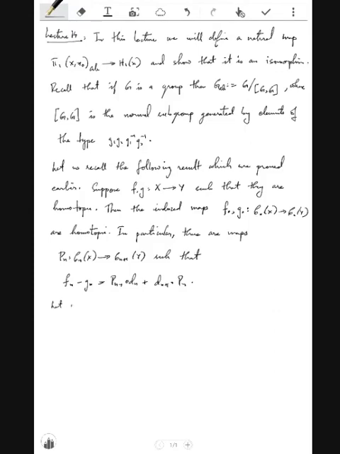So let us define a map phi from pi 1 (X, x0) to H1(X). So let f be a loop at x0.